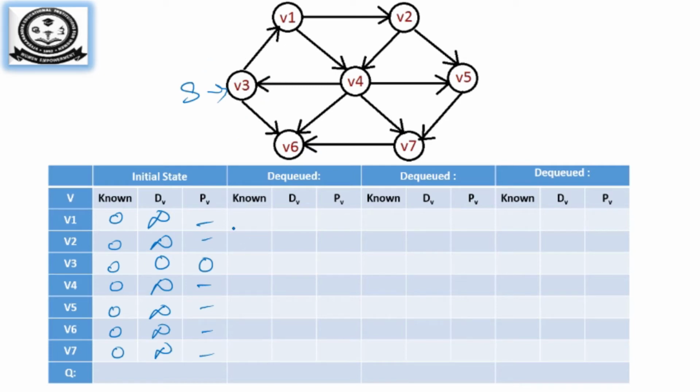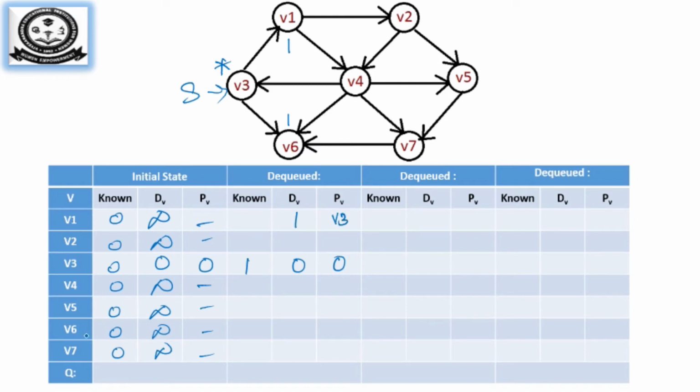Now let me make my starting vertex V3 visited. So I will make V3 a known vertex. Its distance is 0 and its previous vertex is also 0. So it is not going to visit any vertex. Now from V3, which are the adjacent vertices where we can go? From V3 I can go to V1 with a length of 1 and to V6 with a length of 1. So we will update the vertex V1. So the distance is 1 from the previous vertex V3.